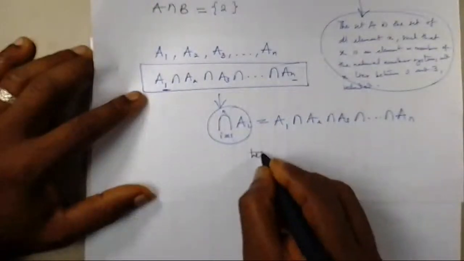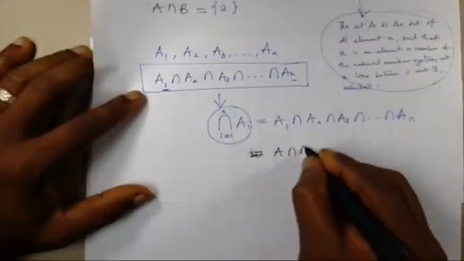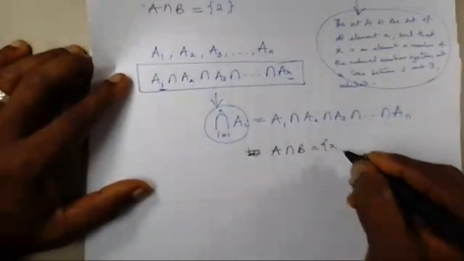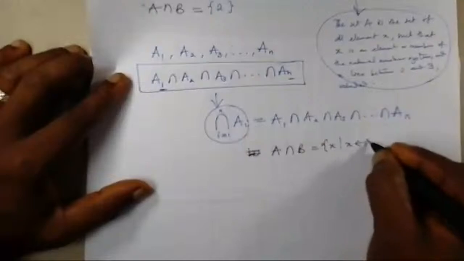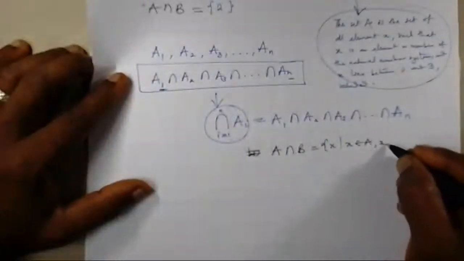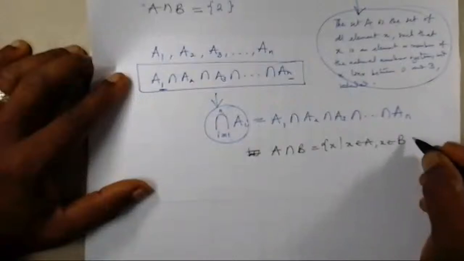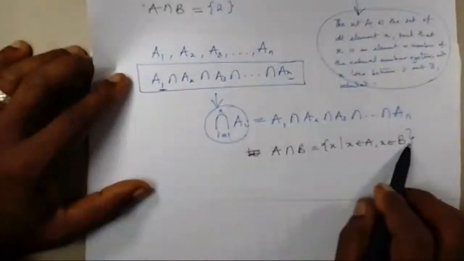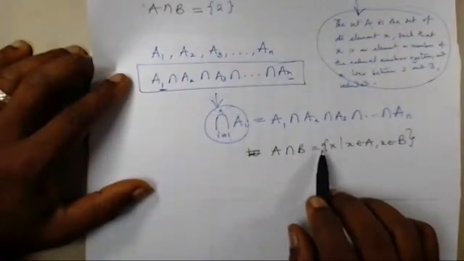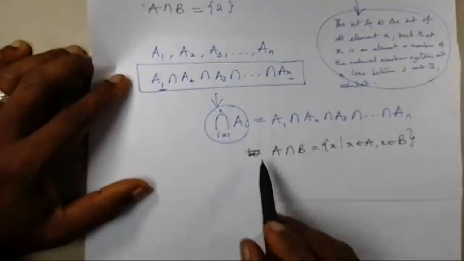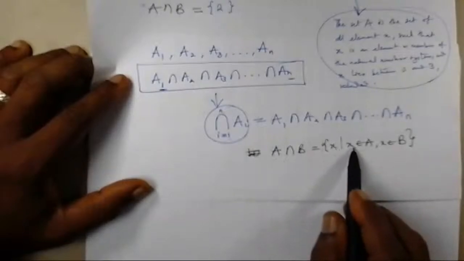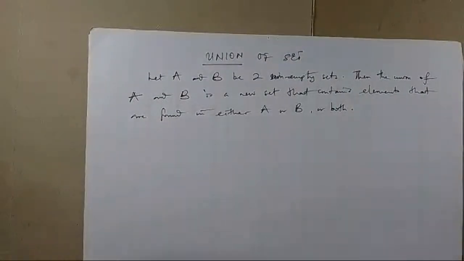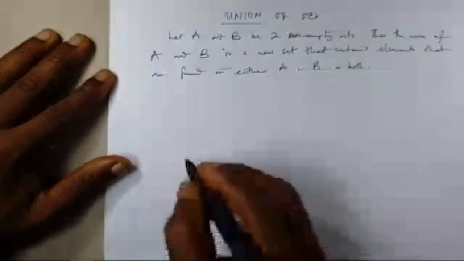All you would do is to say A intersection B, writing it in set builder notation, is the set of all elements x such that x is a member of A and x is a member of B. So if x is a member of A and x is a member of B, then x is in the intersection. Okay? So the intersection of A and B is the set of all elements that are found in A as well as in B. Now, if you come over to the union, if you want to do the same for the union, please take note.